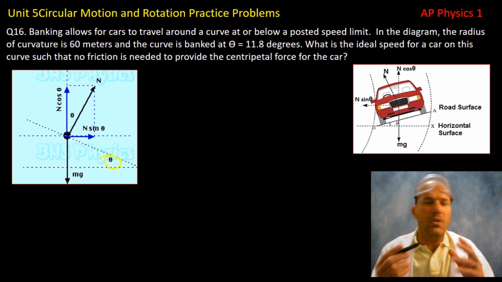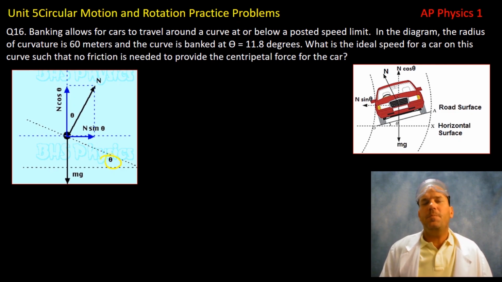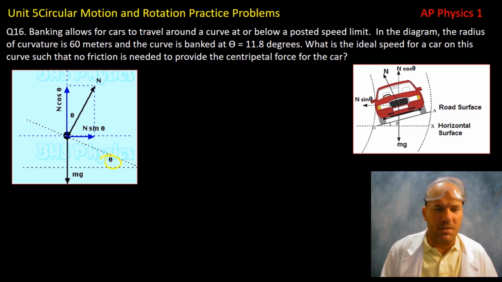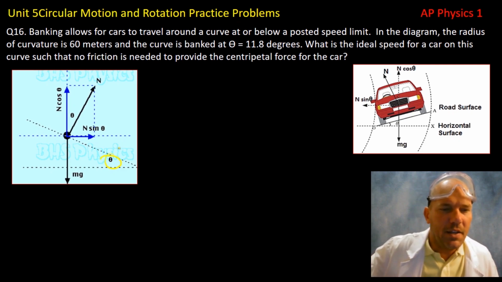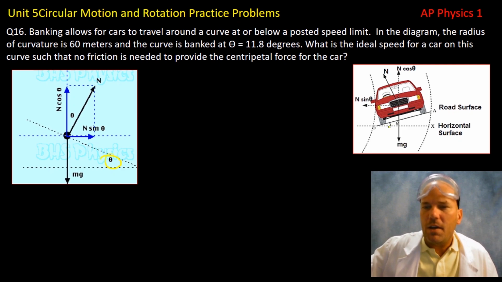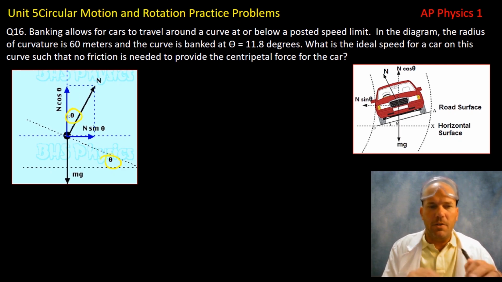So that means we're going to be resolving force normal into perpendicular and parallel components, or x and y components. So let's look at our theta here. If you play around with the geometry, you can show that this angle theta is equal to this angle theta. Just look at your 90-degree angles there.